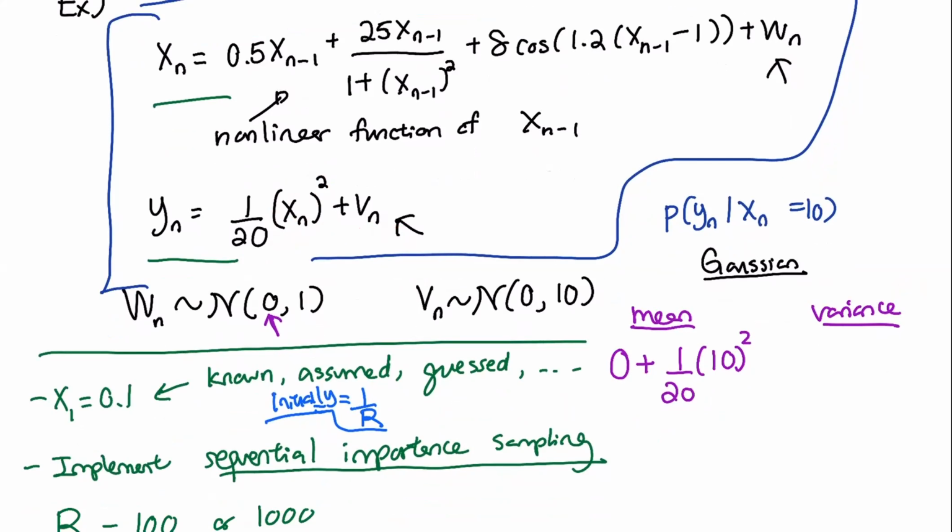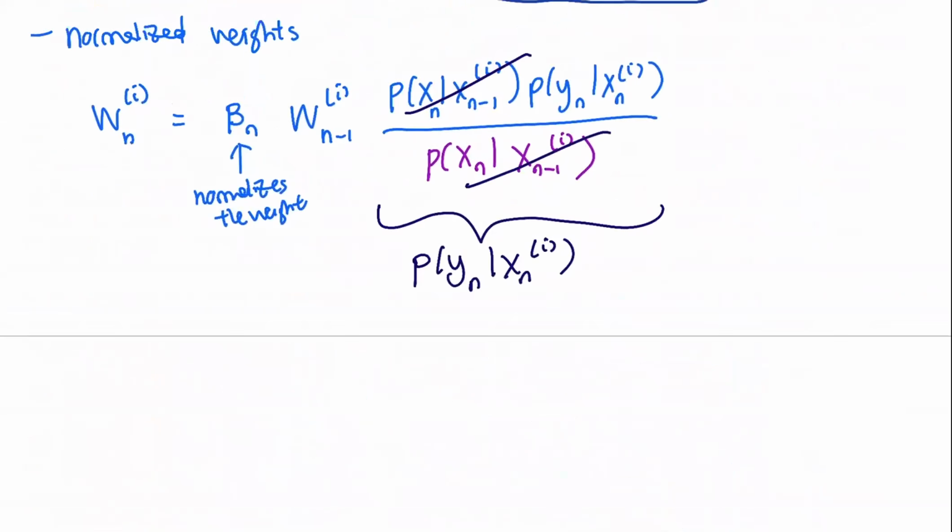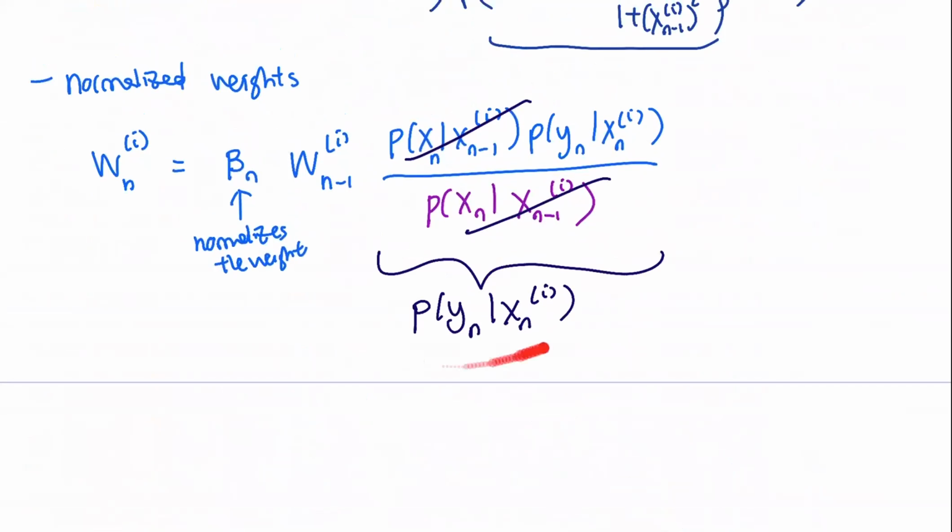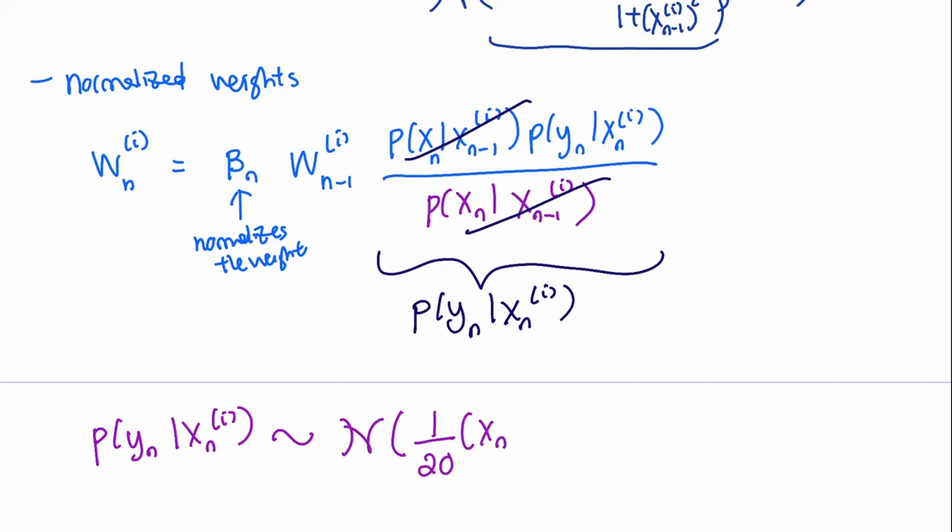So in this case, the variance attributed to the measurement is from the measurement noise, which in this case is 10, right? So I also know from this that this probability is going to be a Gaussian, with mean 1 divided by 20 times the state of the ith particle at time n squared, with variance 10.